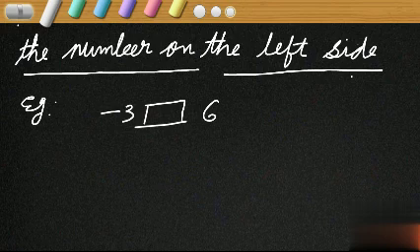Yes, of course, 6 is on the right side, so 6 is greater than -3. Or this can be answered in this way also: since -3 is a negative number and 6 is a positive number, and we know that a positive number is always greater than a negative number, we can say that 6 is greater than -3.